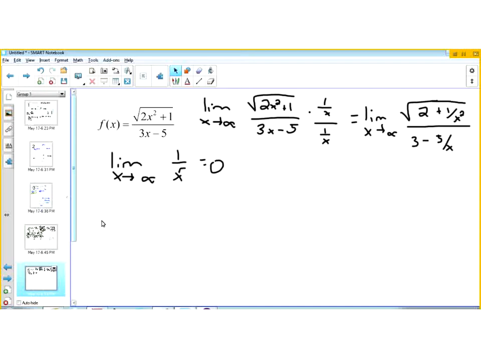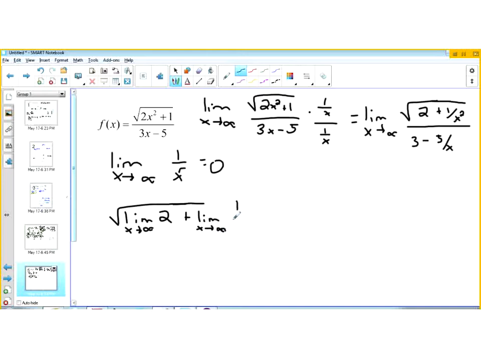So we get the square root of the limit as x approaches infinity of 2 plus the limit as x approaches infinity of 1 over x squared, all that under the radical. And then we divide it by, now based on the limit laws, we can distribute the limit operator term by term.